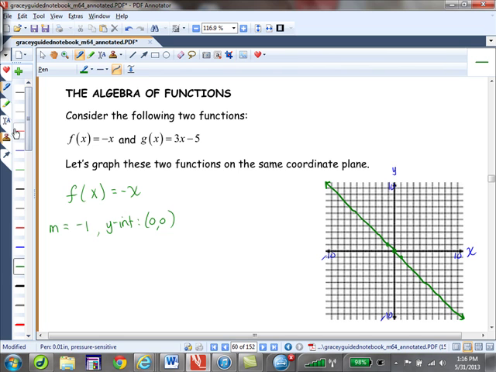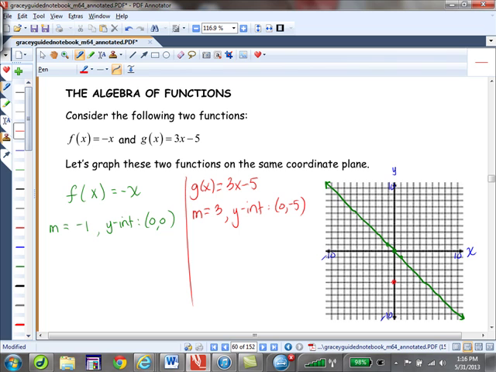Okay, and our second graph we'll do in the red. This is g of x is equal to 3x minus 5. In this case, the slope is 3. The y-intercept is 0, negative 5. So graphing 0, negative 5, we have 1, 2, 3, 4, 5.